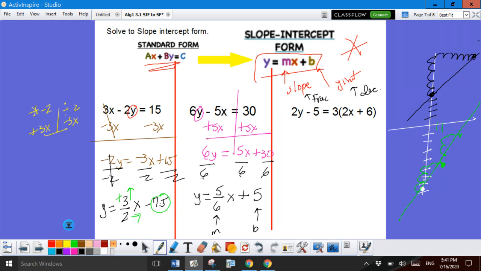Sometimes we'll see linears that have even more operators in them. If you take a look at this last one, it's got parentheses and extra numbers, and we need to still solve for y. So why don't you take a minute and see what you can do with this one.